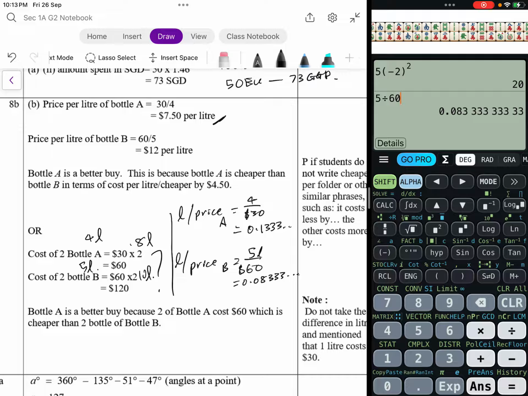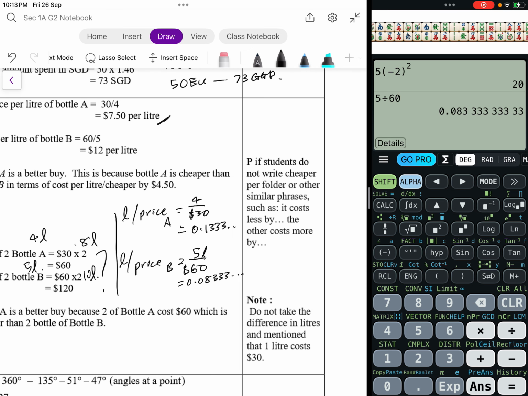Okay, so why will you choose A? Because for A, for every dollar, right, you get 0.13 liter. This is liter per dollar.